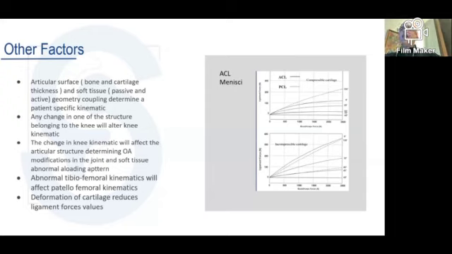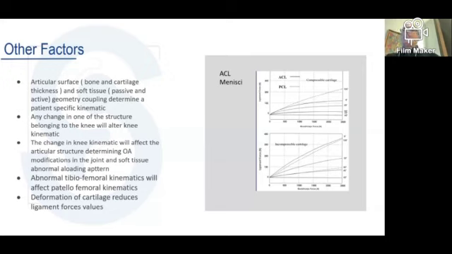Any change of one of the structures belonging to the knee will alter the knee kinematics. When you have a loose ACL or a loose PCL or lateral collateral ligament, you don't have anymore the same kinematics of the knee. The kinematics will change. Any change in the structure of the soft tissue will change the knee kinematics.